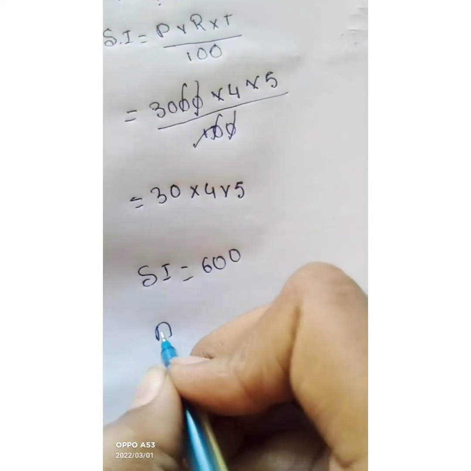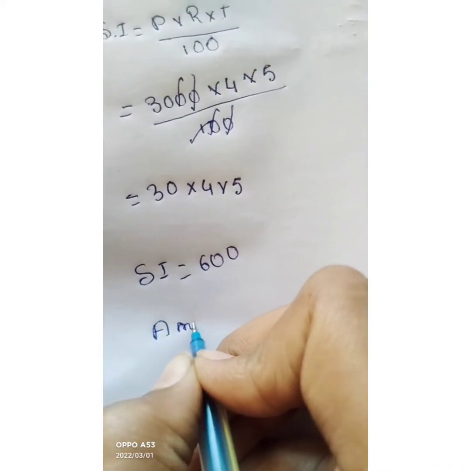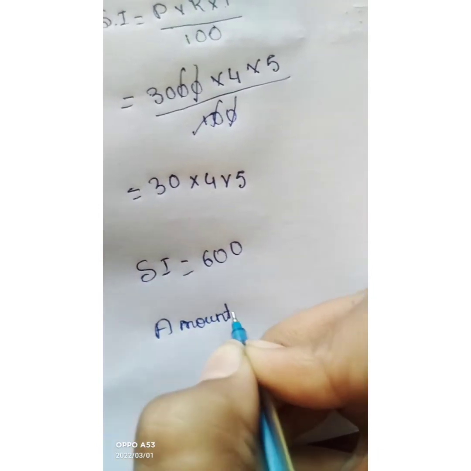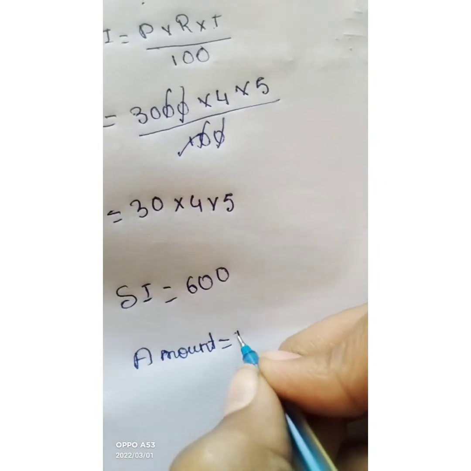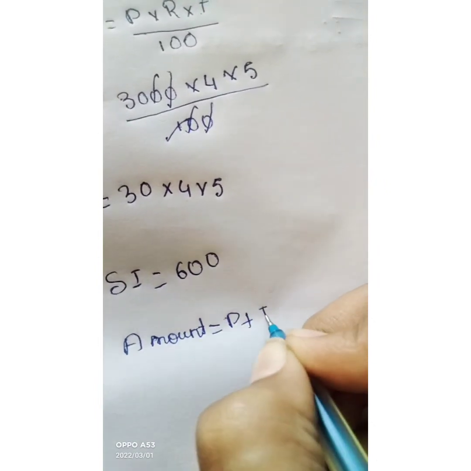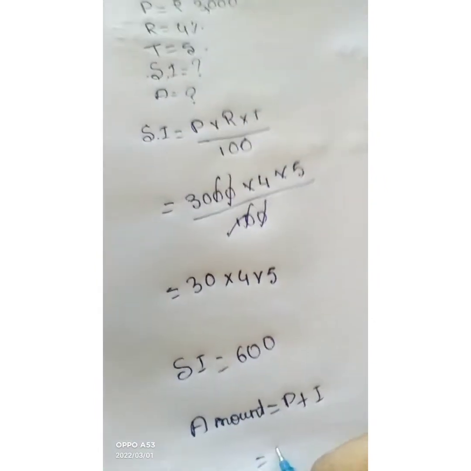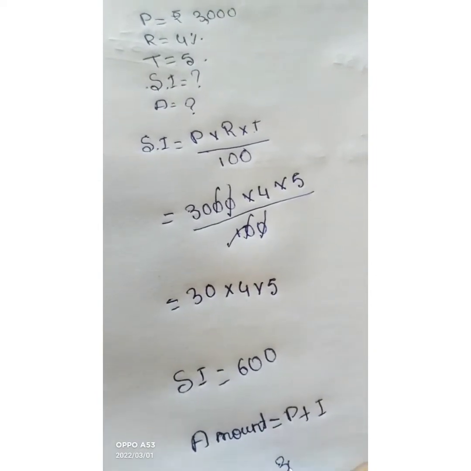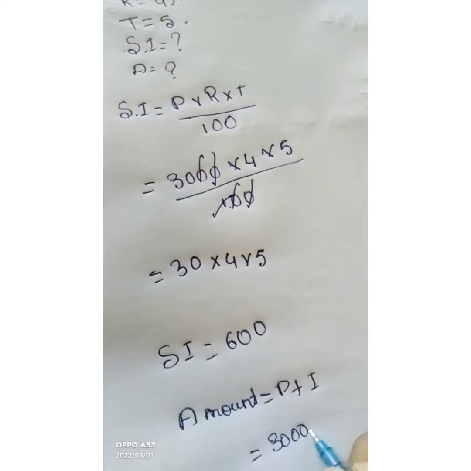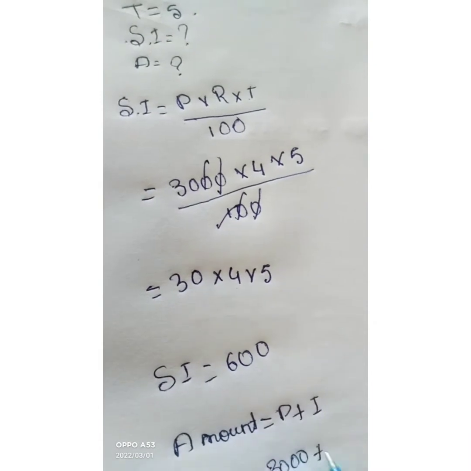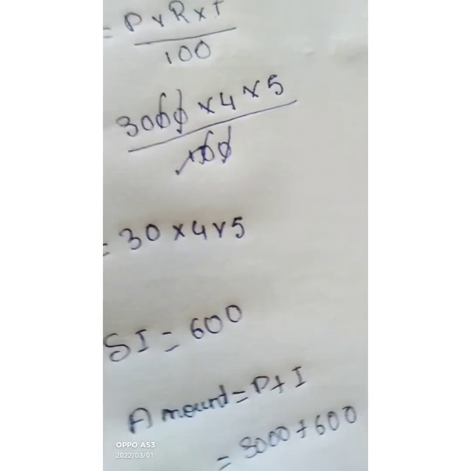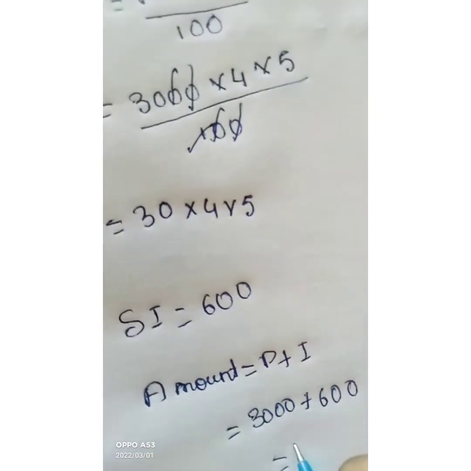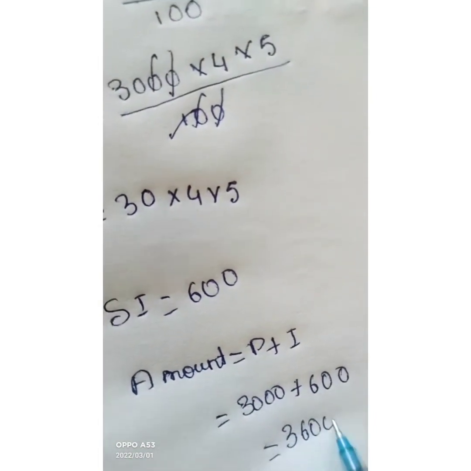Here amount is equal to P plus I, is equal to the principal we got as 3,000 plus simple interest we got as 600, is equal to how much we got? 3,600.